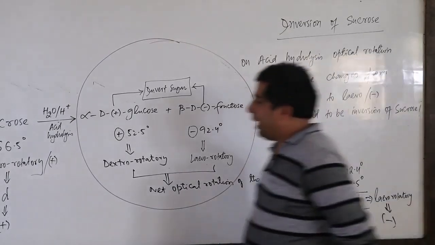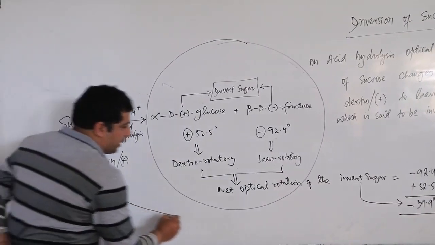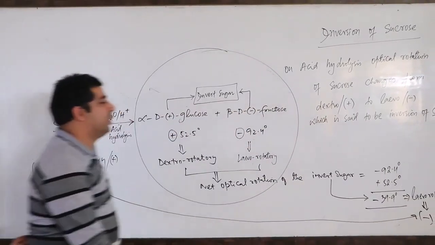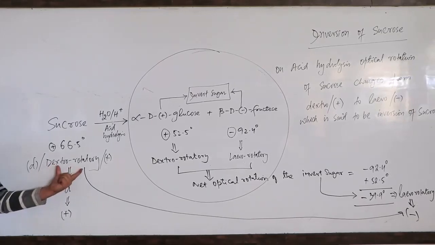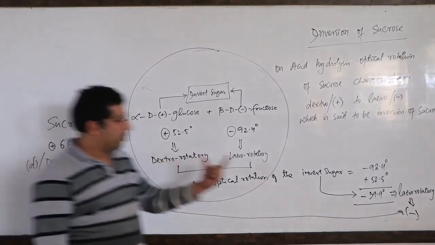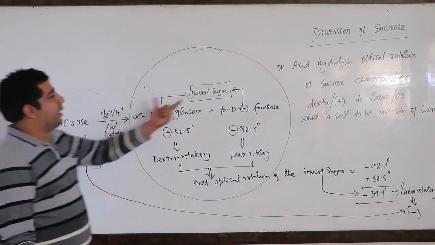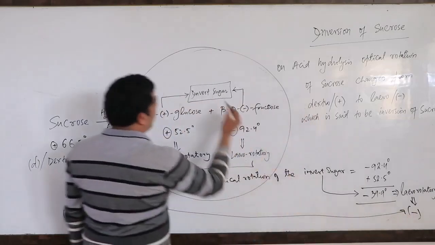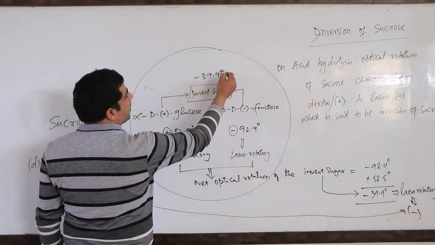So your optical activity is going from dextro to finally levo. So this is known as inversion. So you are going finally from plus to minus. You are going from sucrose to invert sugar. And invert sugar, I told you, what is the value of optical rotation of invert sugar? 39.9 degrees.